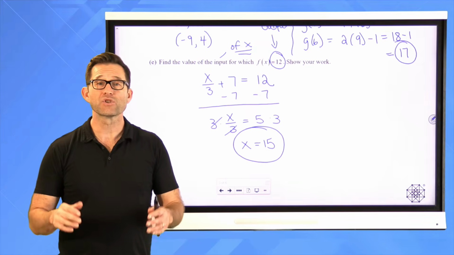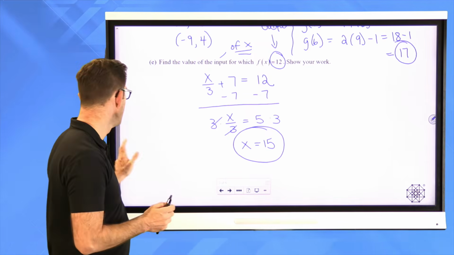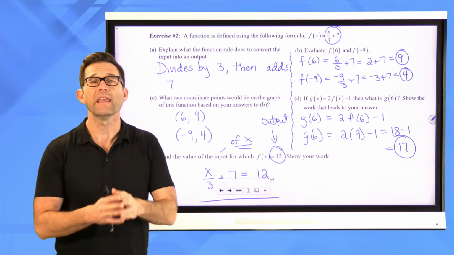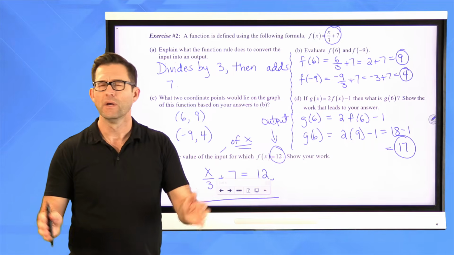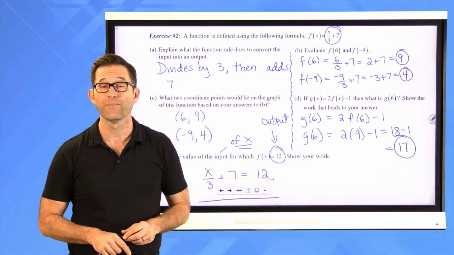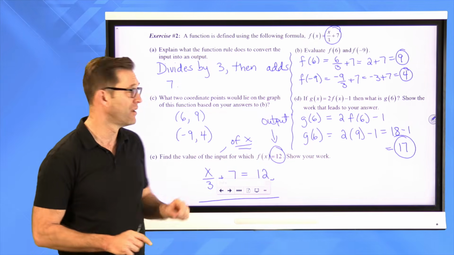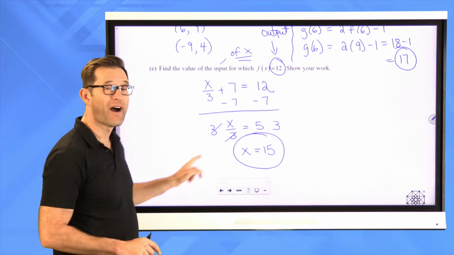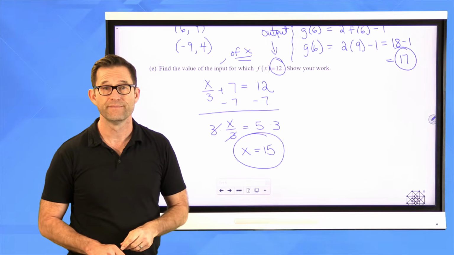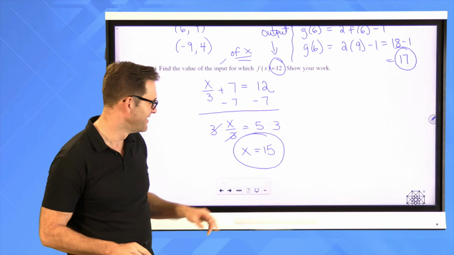In order to come up with the value of a function, like I did in letter B, I just have to evaluate an expression: take a value of x, plug it into an expression, do some arithmetic, and get a value out. To actually find the input that gives a particular output, which is what I did in letter E, I have to solve an algebraic equation, which is more difficult. Maybe not much more difficult in this case, but a little more difficult.